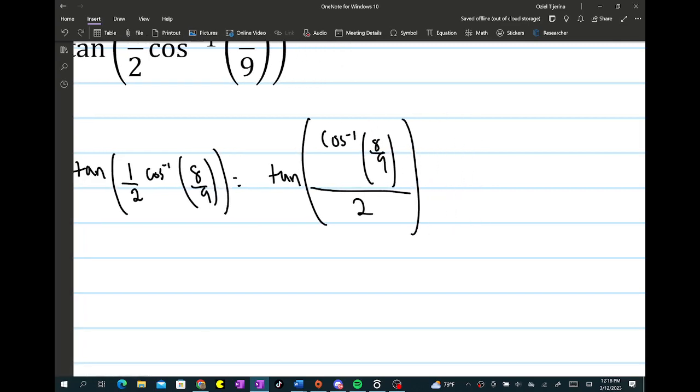And the thing I really didn't notice was that this is actually a half angle identity. If you think about it, this is the angle theta, and it's over 2.